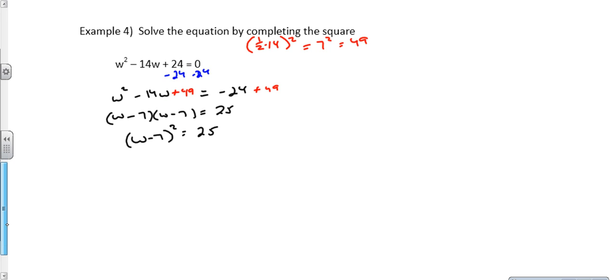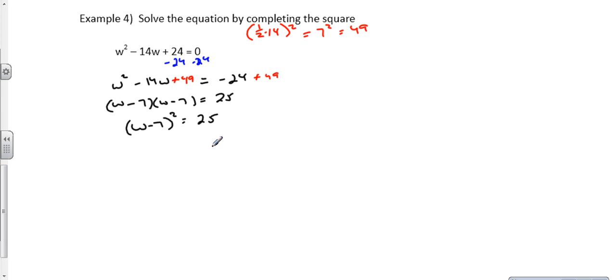And now we can go ahead and solve by square rooting. Now remember, we created this. It wasn't possible to do this one in this manner. So we took the 24, the constant, and took it to the right side, and then we filled in the blank with a number that did complete the square. But again, it's an equation, so I have to balance both sides by adding the same amount to both sides.